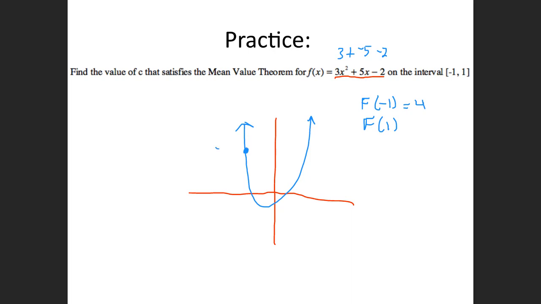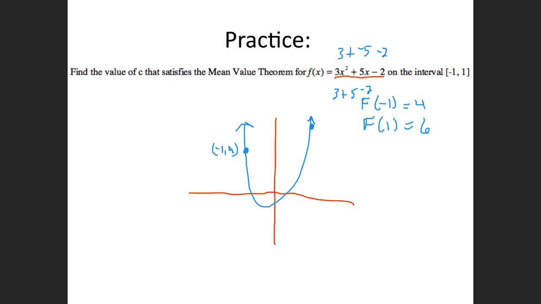Okay, -1 comma 4. And then 1. If I plug 1 in here, 1 squared is 1, 3 times that is 3, plus 5 minus 2, so that's 6, if I'm not mistaken. So 1, 6, I'm up here.